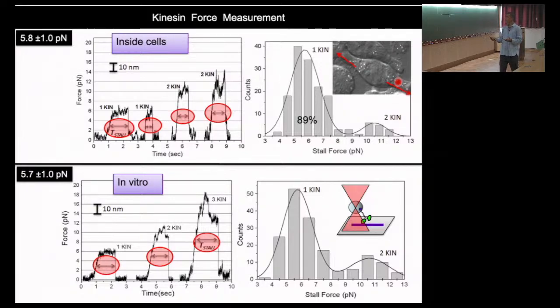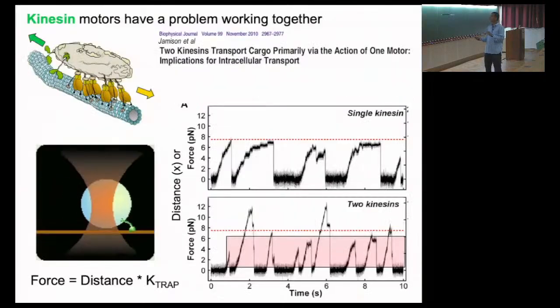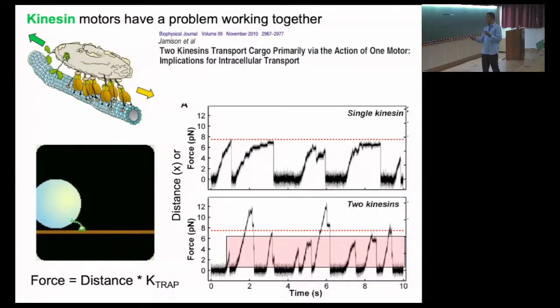I call it T stall. Think of it as the duration of the stall, and you will see that the T stall duration here is not much longer than this. That was one interesting finding. I will come back to that.